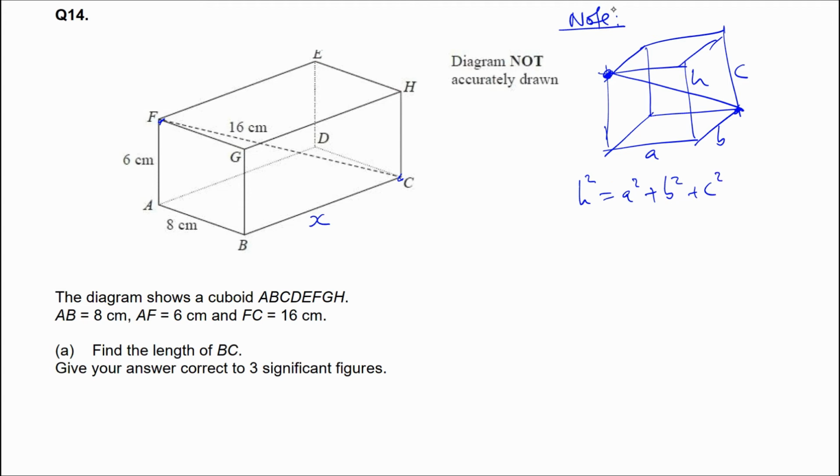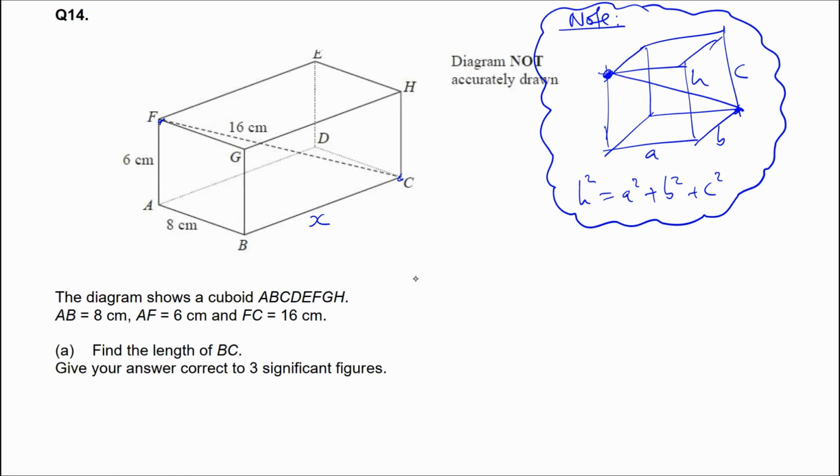So this is Pythagoras theorem in 3D. And we can apply that idea to work out this question. So basically, in our case, we can say that 6 squared plus 8 squared plus x squared is equal to 16 squared. And then we just solve for x.